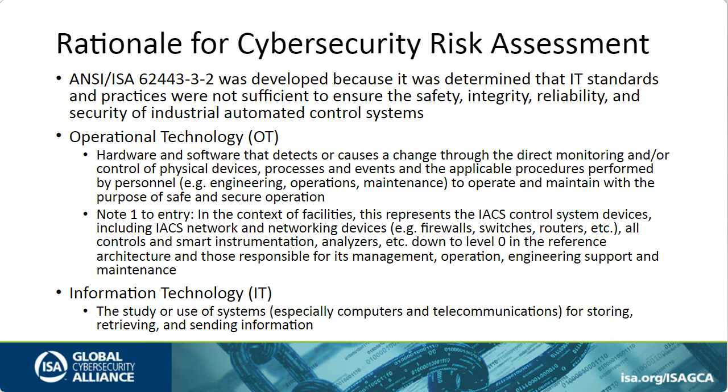When 62443 3-2 was developed, they took a look at control systems and what was available in IT technology, and they concluded that what IT was concerned with were not the kind of things that operational technology is concerned with.